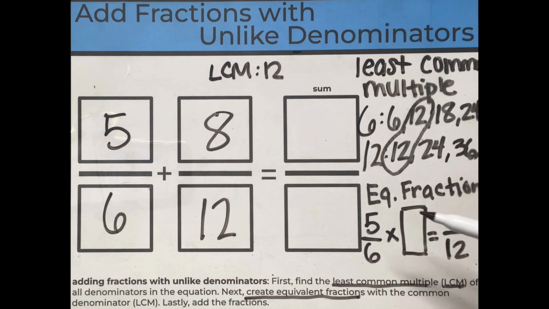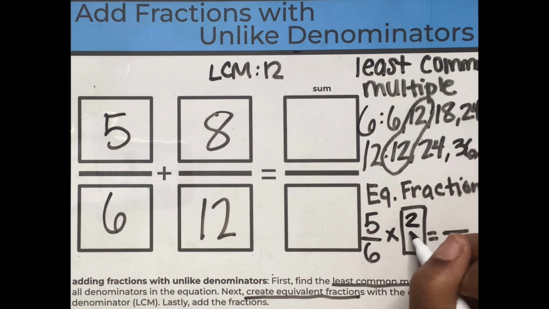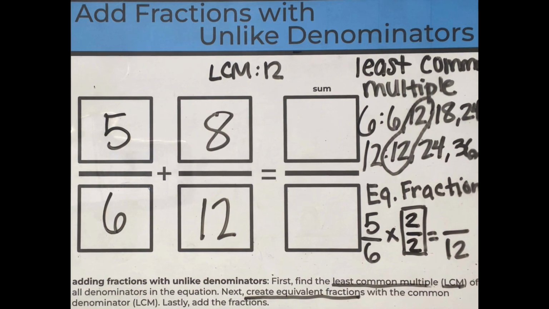So now ask yourself, 5/6 times what over what gives me a 12 in my denominator? Pause the video, turn and talk to your neighbor. Okay, hopefully you said 5/6 times 2 over 2.